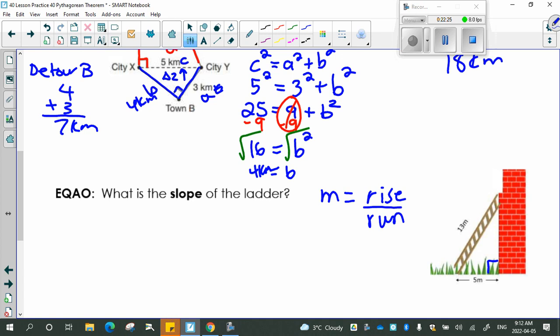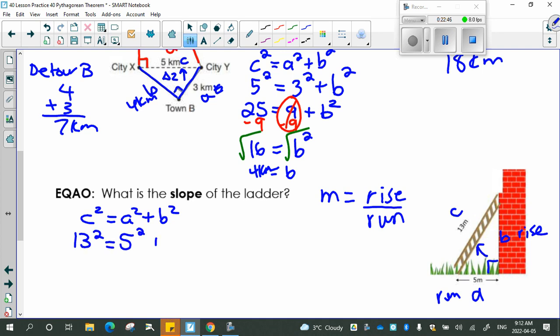So here's my right angle down there. I don't show it to you, but you assume it. So this is my C, A, and B is going to be the rise, but I don't know. This is the run. So 13 squared equals 5 squared plus B squared.